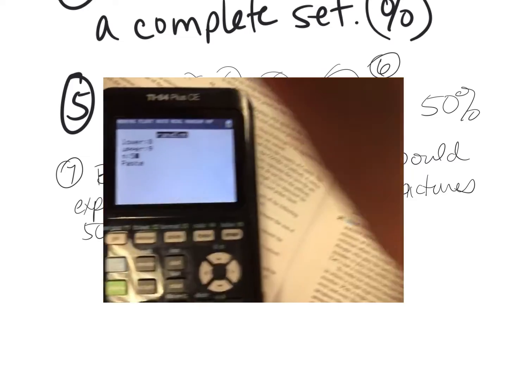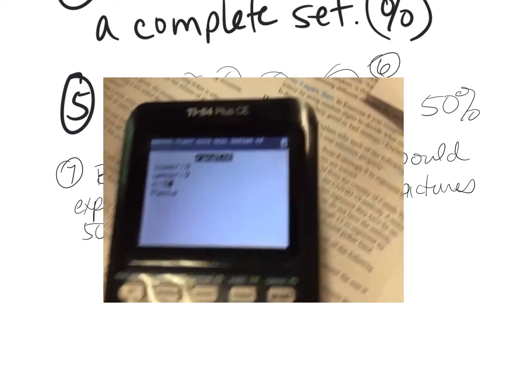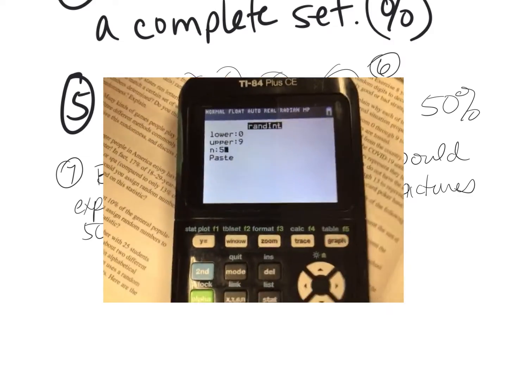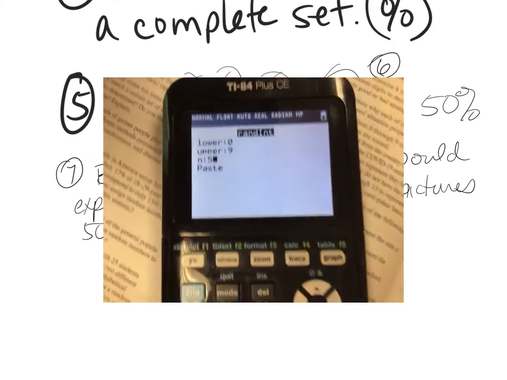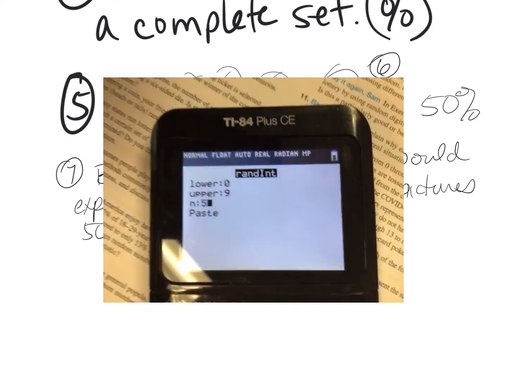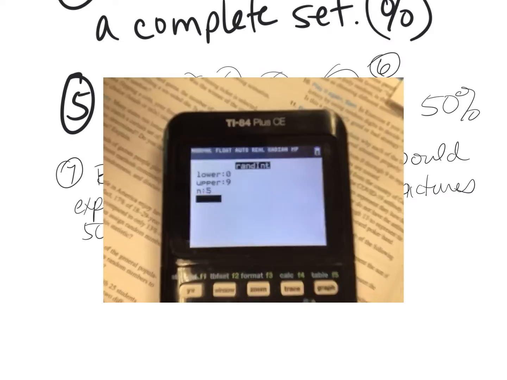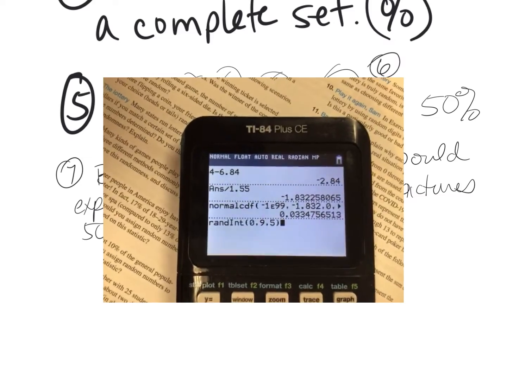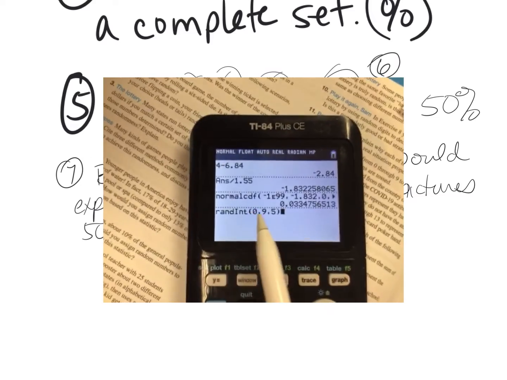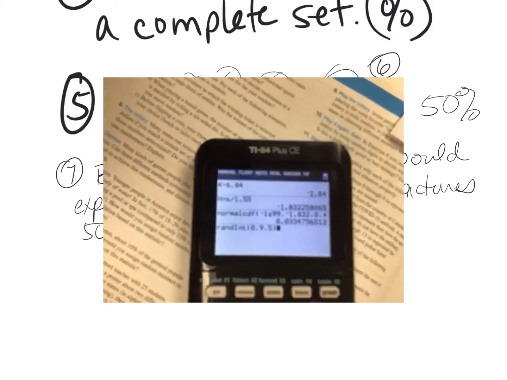So because I know that I'm simulating buying 5 boxes of cereal, I can ask it for 5 numbers, right? And remember that's in the math, and then over to the probability menu. 0, 9, 5. So you write down what you see here. Use randint 0, 9, 5.